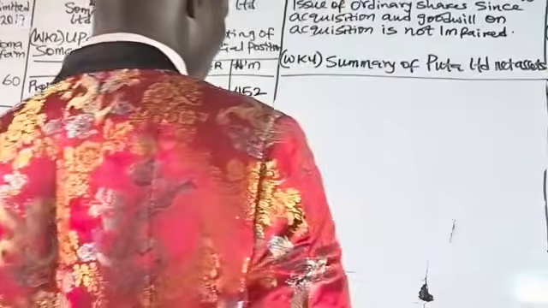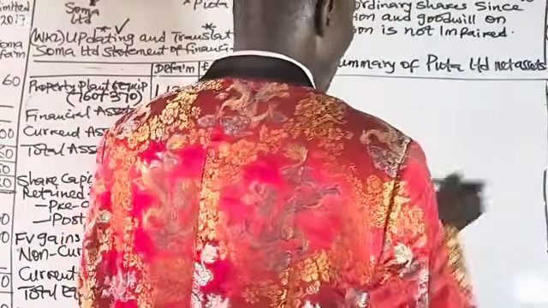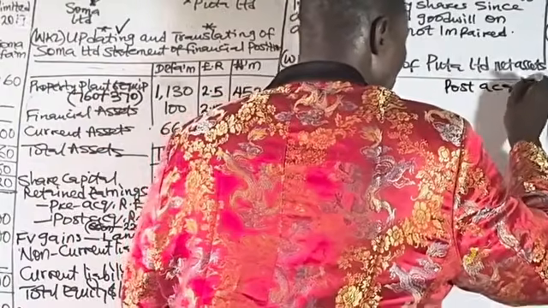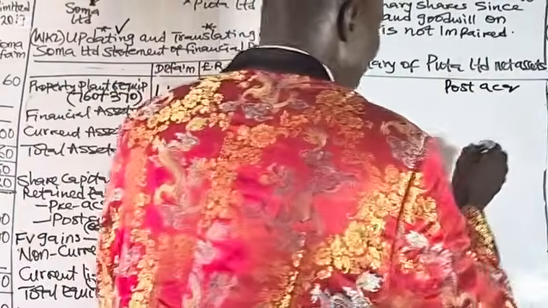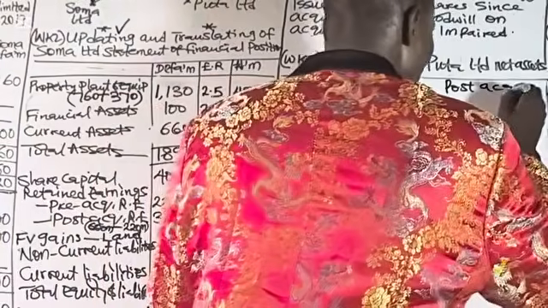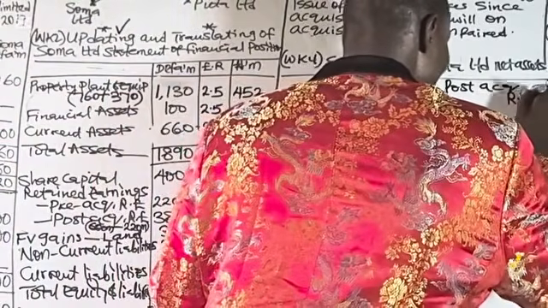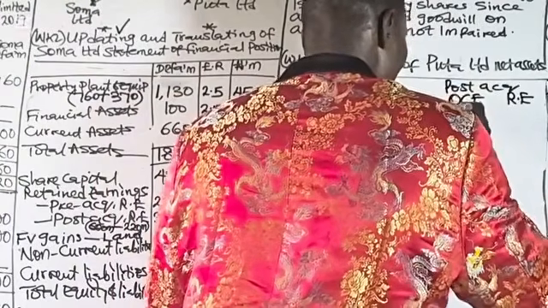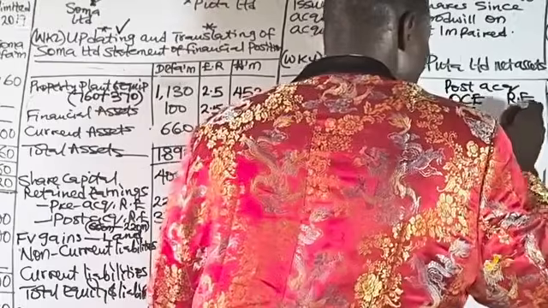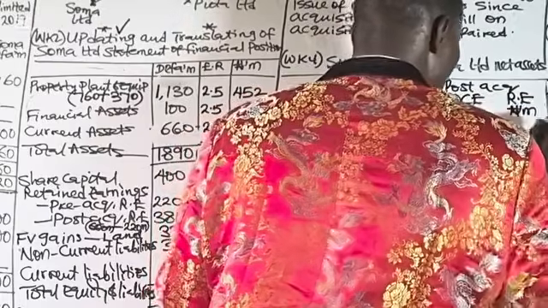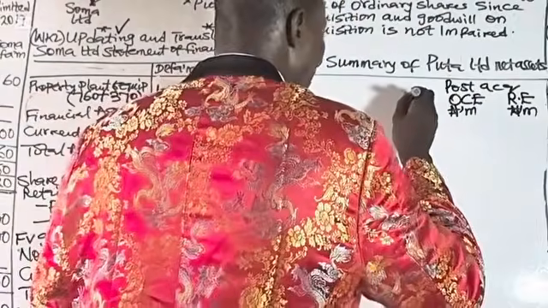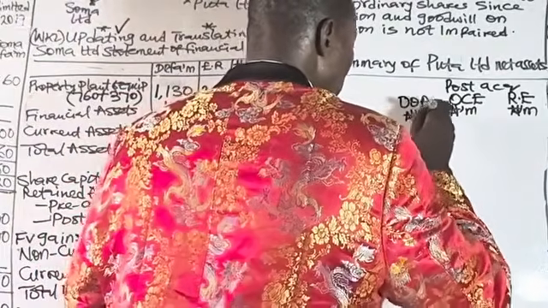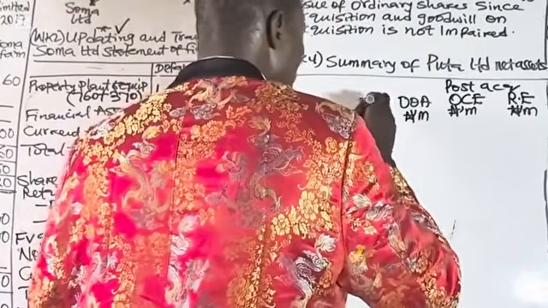As usual, you will have the post-acquisition period. And this post-acquisition, we will divide it into two: retained earnings and other component of equity. Amount is in million naira. Then we will equally have a column for date of acquisition, DOA. Then we will have a column for DOC.